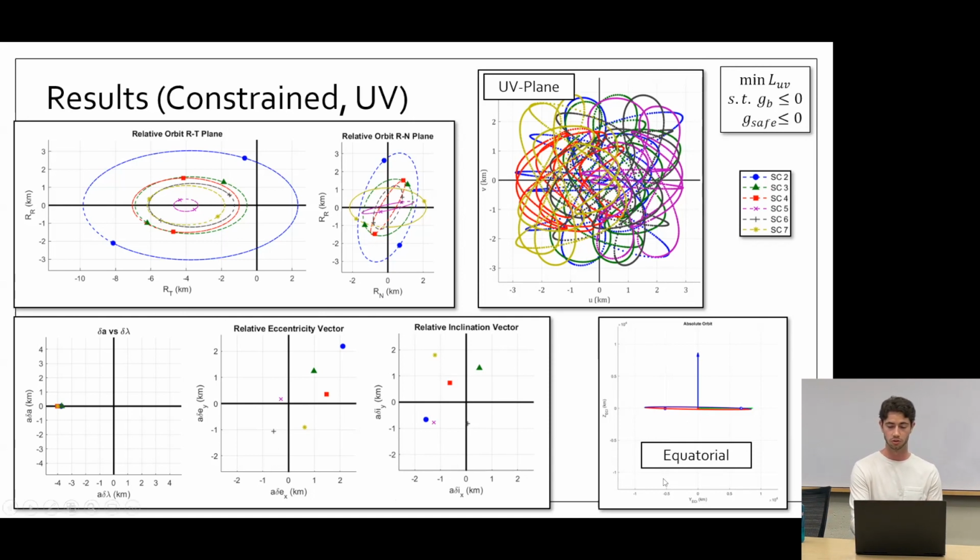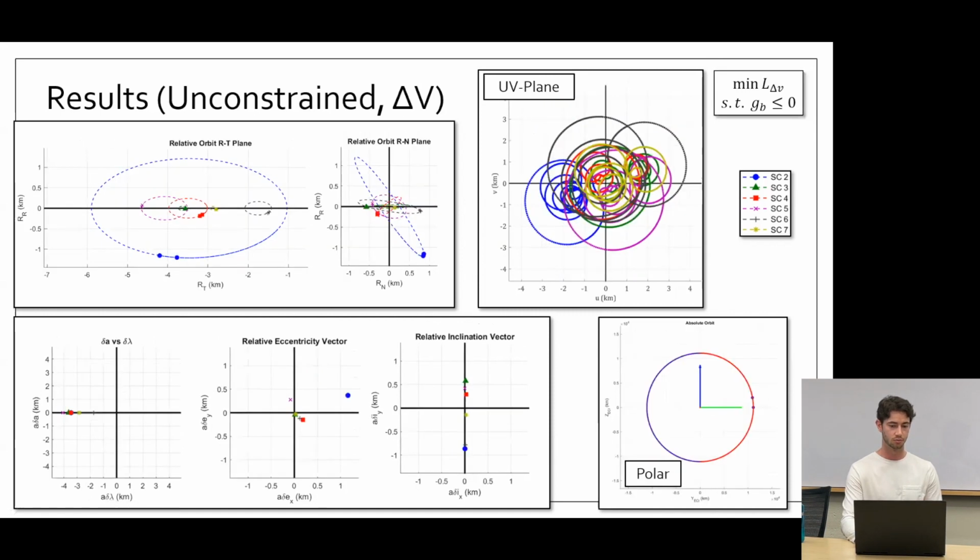In this case, it's almost just a straight line because the solver found an equatorial orbit for the UV plane coverage. Interestingly, a lot of these spacecraft are grouped together, but there still is separation by the safety constraints in the RT plane.